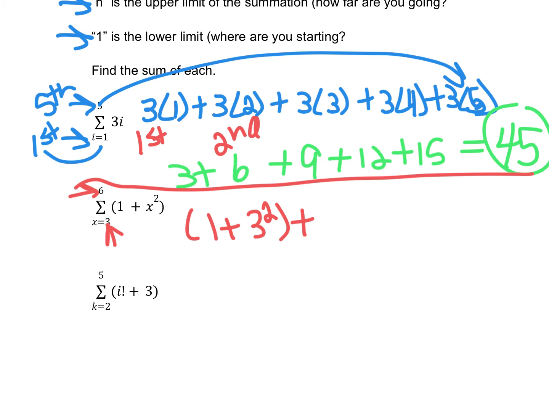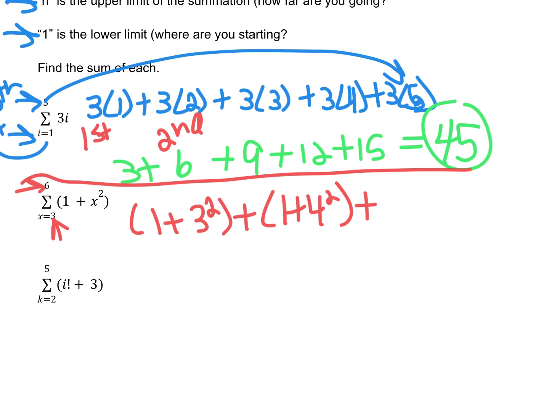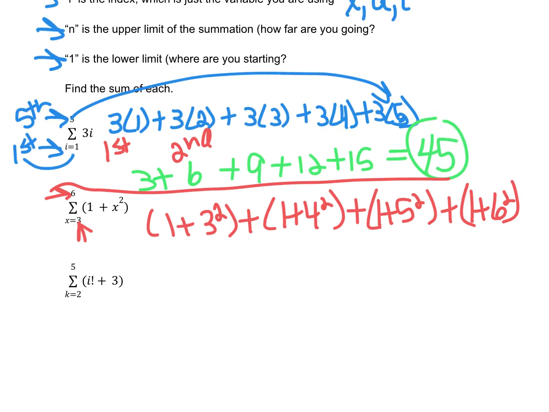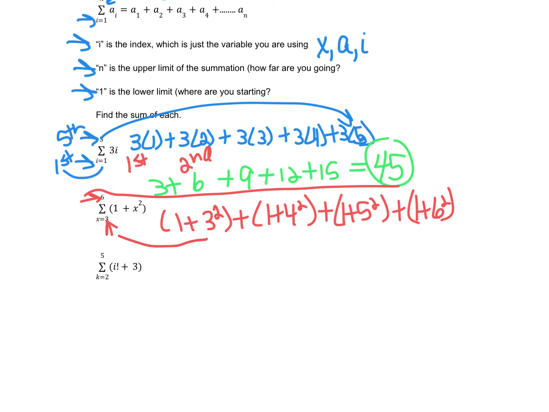We add that to our fourth term, which is 1 plus 4 squared, plus 1 plus 5 squared. And we are stopping at our sixth term, so we have 1 plus 6 squared.